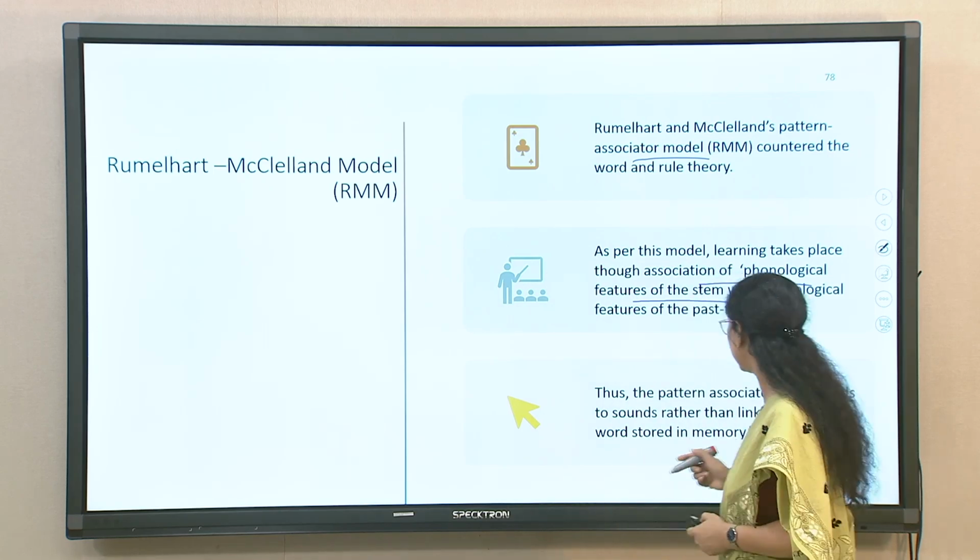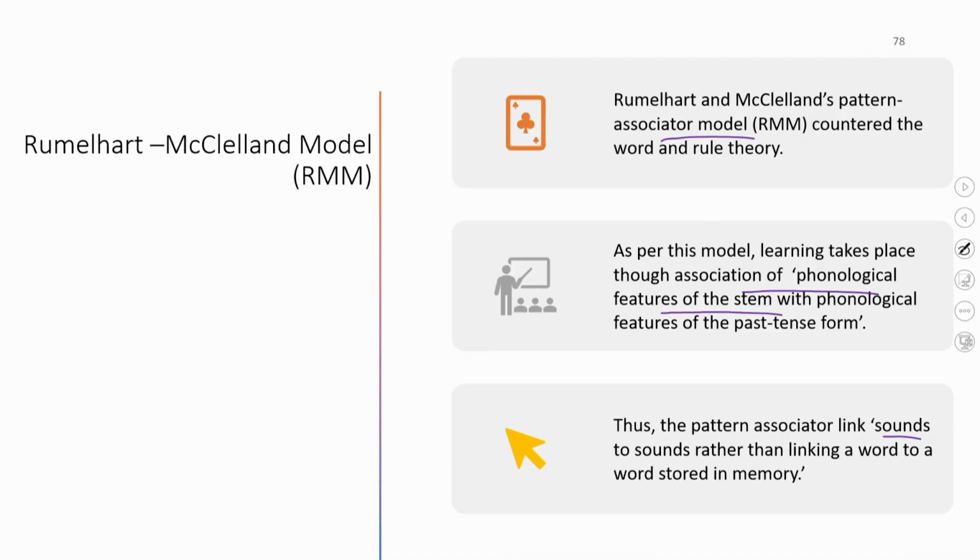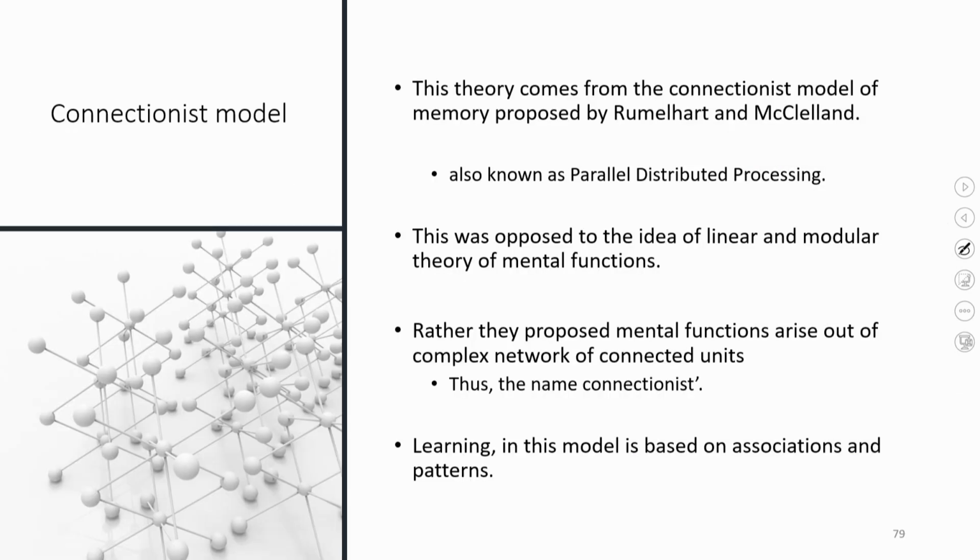The pattern associator links sounds to sounds rather than linking a word to a word stored in memory. Now, in order to understand what this theory actually means, we need to go back one step, because this theory is part of the overall connectionist model proposed by Rumelhart and McClelland.